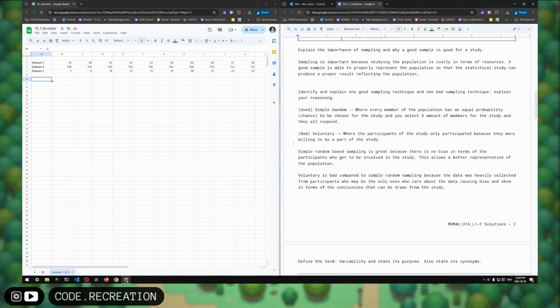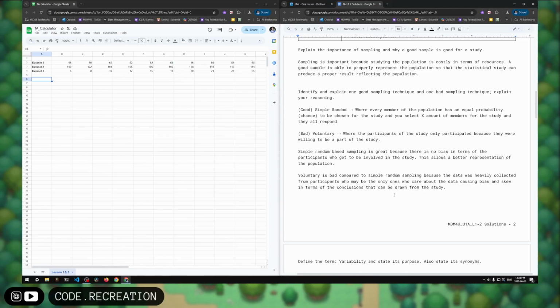So simple random is good, and voluntary is bad because it creates a lot of bias. You have neglected the people who could have been very important data givers, but only the people that volunteered gave you the data, so it's very skewed.